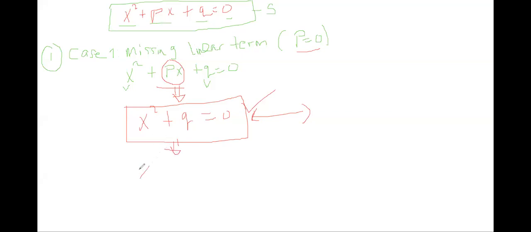So all we will do is move this to the right-hand side, where it turns into negative q. Remember, we are not trying to find x raised to the power of 2, but only x alone. So all we can do here is raise both sides to the power of half.